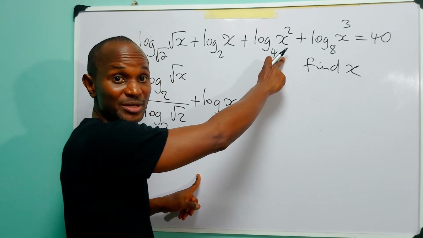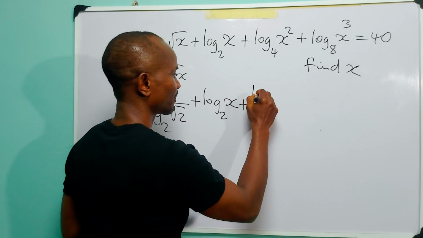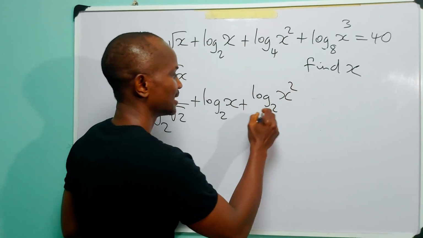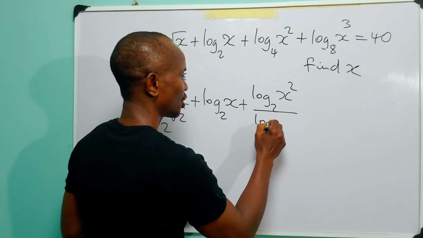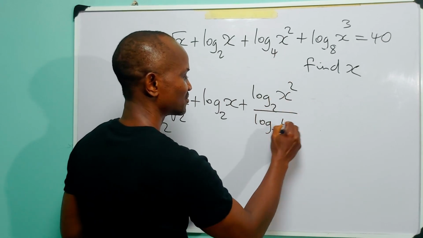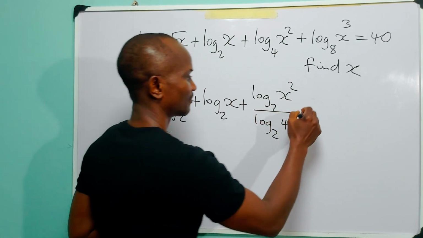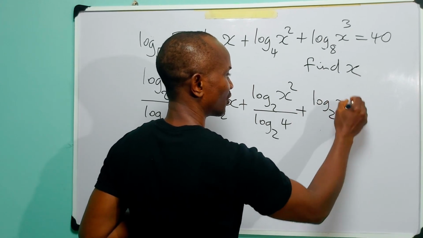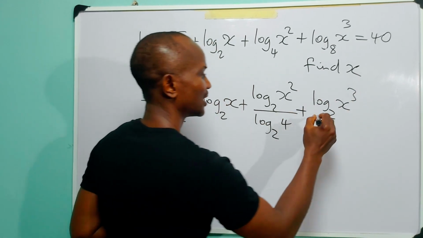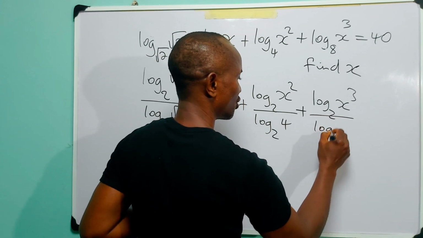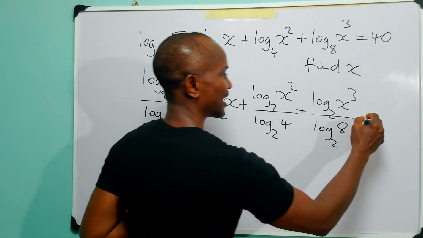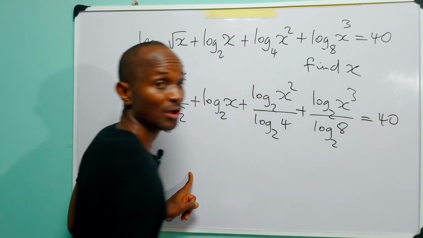Next, we have log base 2 of the number, x squared, divided by log base 2 of the base, which is 4. Likewise, we have log base 2 of the number, x cubed, divided by log base 2 of the base, which is 8. And everything is equal to 40.